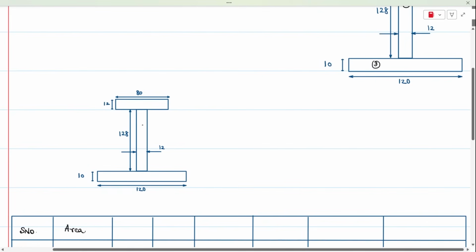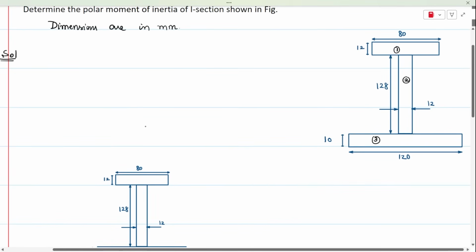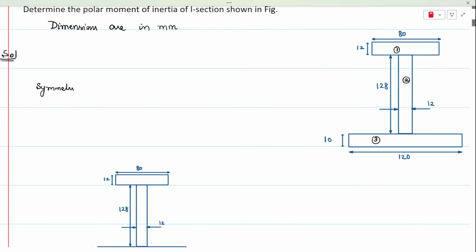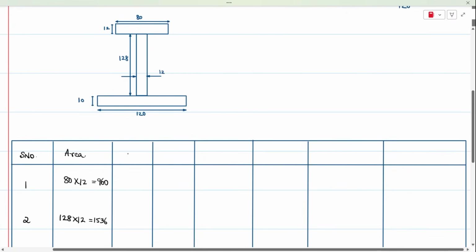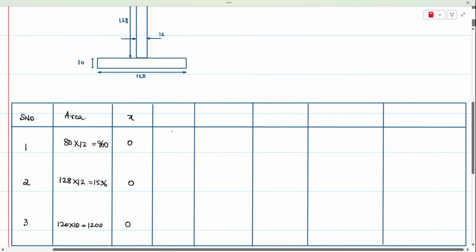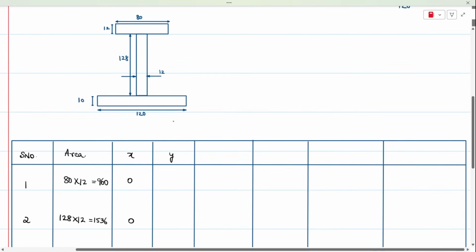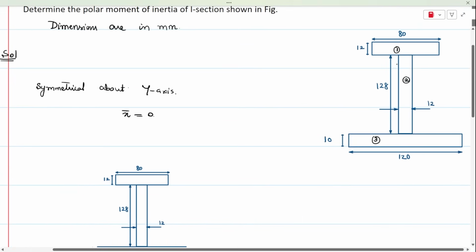The figure has symmetry about the y-axis. If that is the case, then x bar will be straight away 0. So the x coordinate will be 0 as it is assumed on the y-axis, and the y coordinate we need to measure.